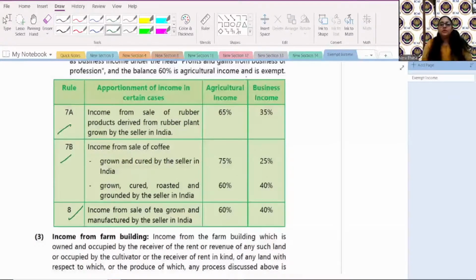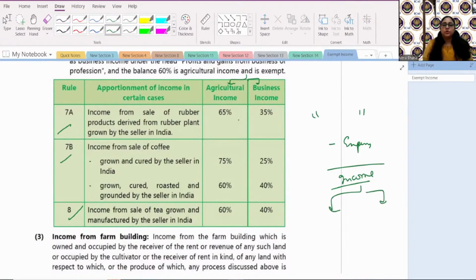What did I say? You have to divide the income into agriculture or business income based on your percentage. So you will calculate the gross receipt, you will reduce the expenses, and we'll come to income. Once that income is derived, you will divide it by percentage.